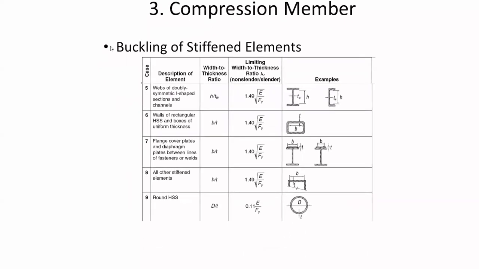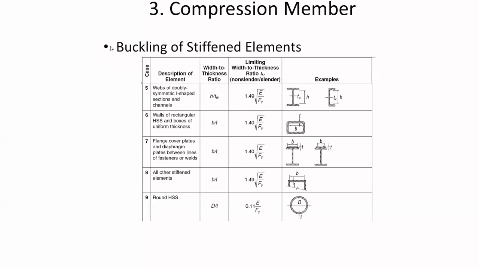Because it's a stiffened element, the limiting value becomes considerably larger. See, 0.56 versus 1.49, that's like 3 times greater. So that suggests that your web should be much harder to buckle locally, which is correct.